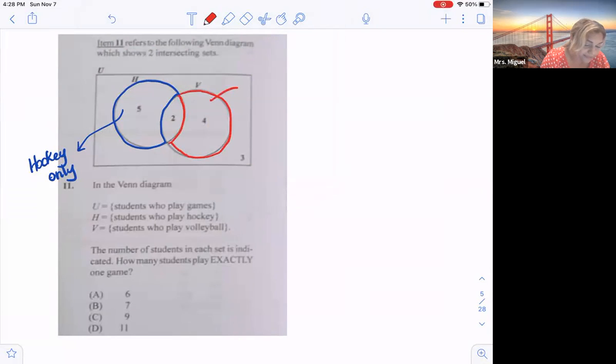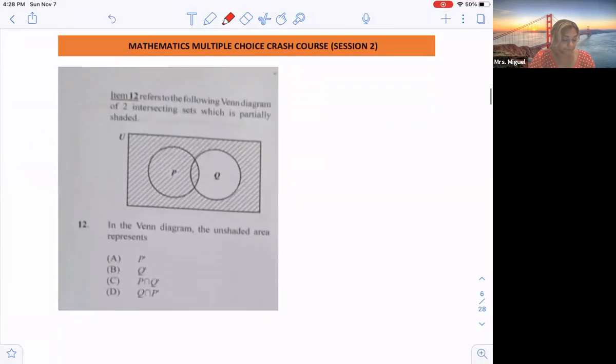This represents volleyball only. So the number of students who play exactly one game is 5 plus 4, which is 9. The 3 students on the outside, they're not playing anything. And you see the 2 in the middle, they play both hockey and volleyball. So we're not counting them, right?